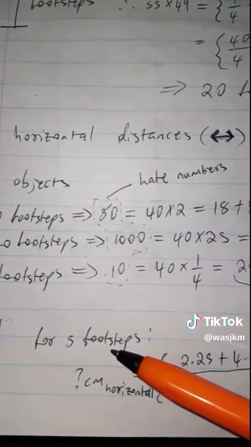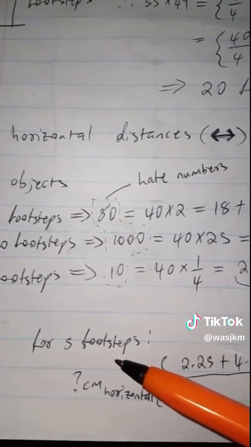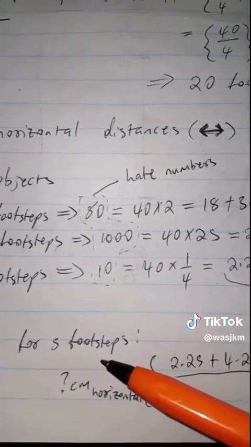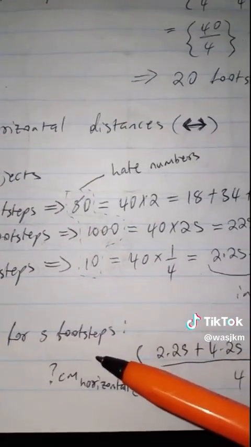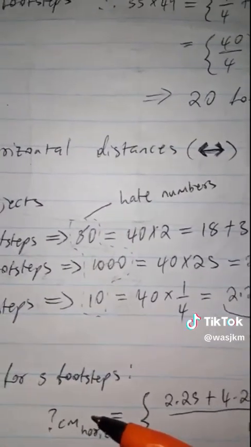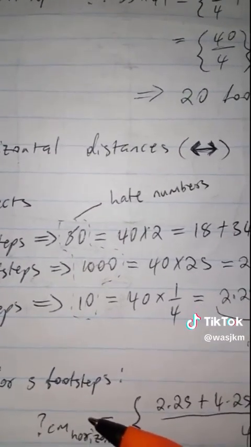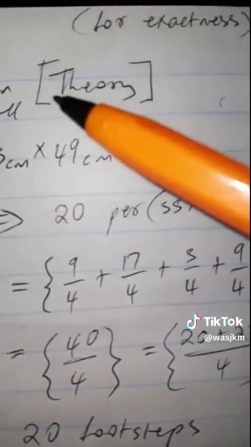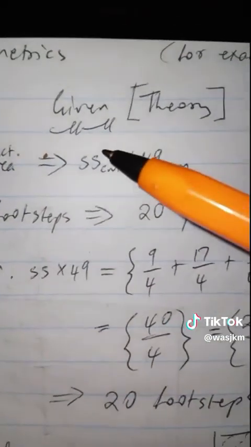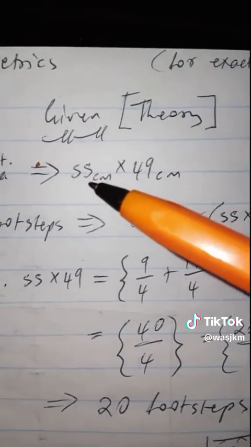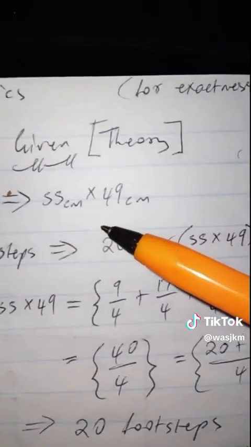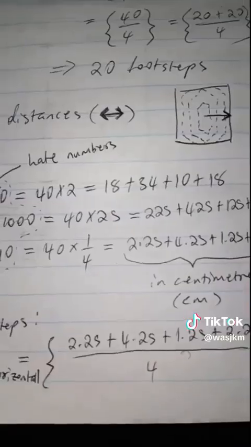So for 5 footsteps, how much horizontal distance does our board have to become? To start, we use the Lezonti theory, to reference what we are conducting.